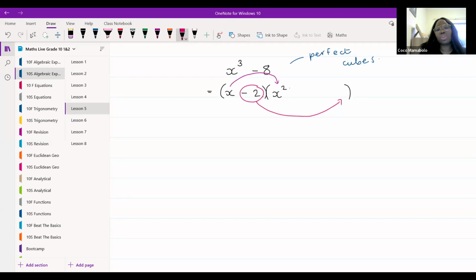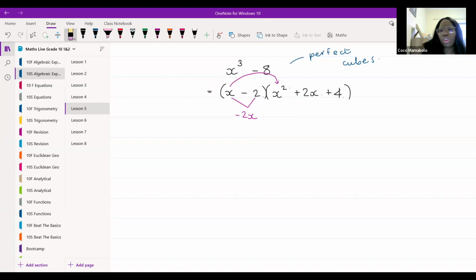Now, negative 2 all squared is going to give me positive 4. Now, for my middle term, I'm going to take x and multiply it with negative 2. That's going to give me negative 2x. But when I put it into my bracket, I want to put it in with the opposite sign. So I'm going to put it in here as plus 2x.